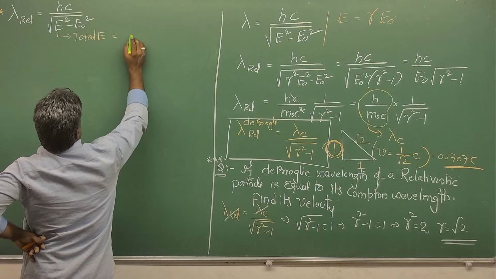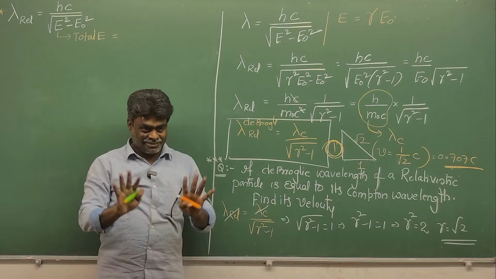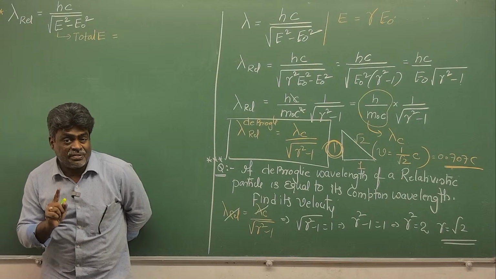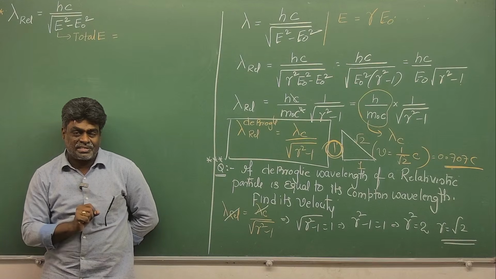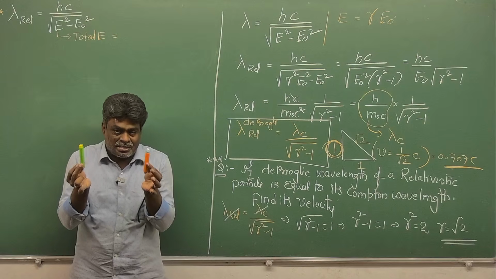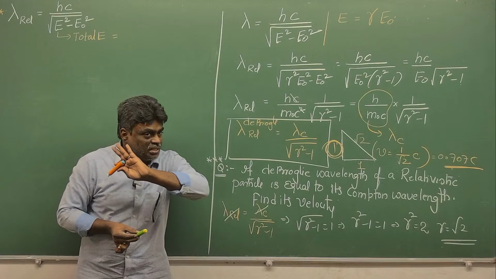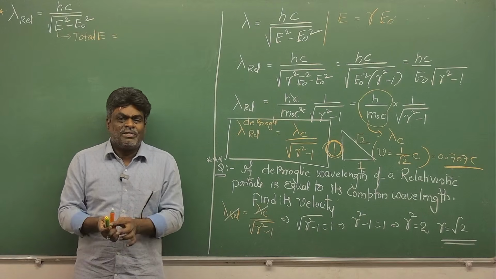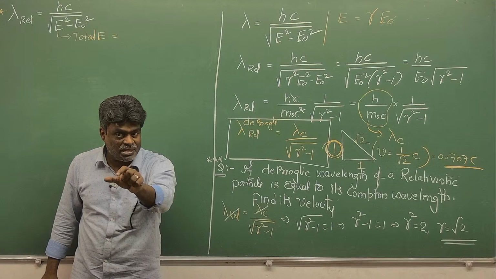Total energy is nothing but kinetic energy plus... no. We are in the special theory of relativity. Special theory of relativity versus general theory of relativity: the difference is, for example, if you are studying the special theory of relativity of these two masses, you should not consider the interaction. అంటే పొటెన్షియల్ ఎనర్జీ కన్సిడర్ చేయకూడదు. In the general theory of relativity, you can consider the potential. That is the only difference. That's why in all your length contraction and time dilation, you don't have any potential energy concept.